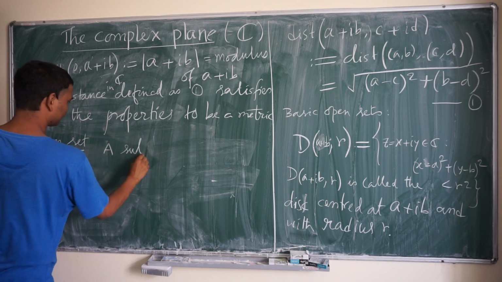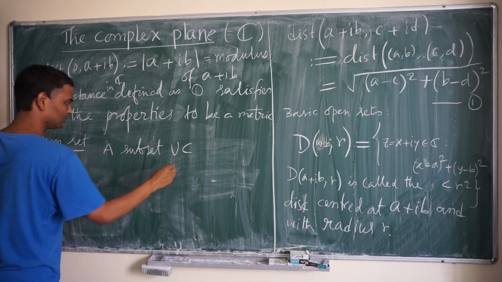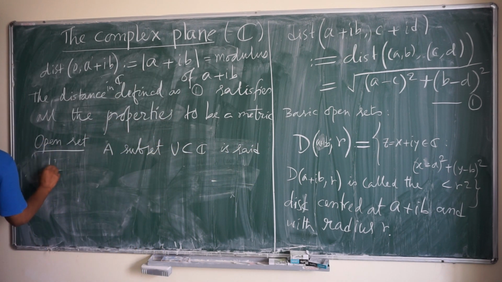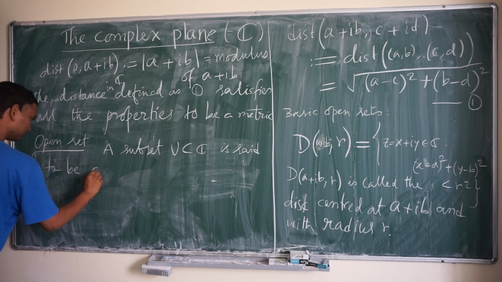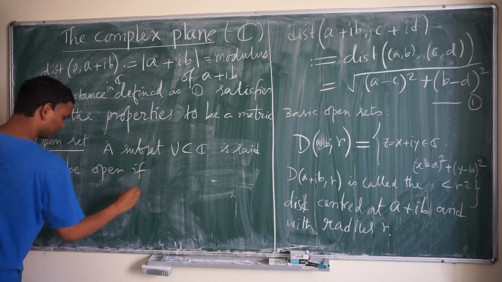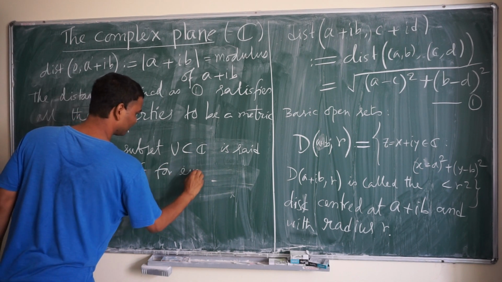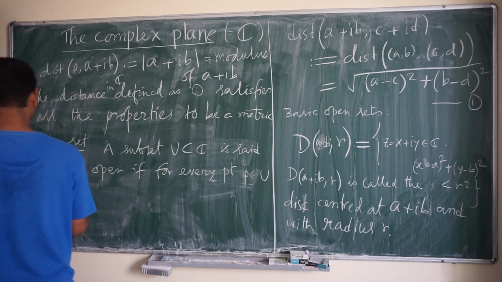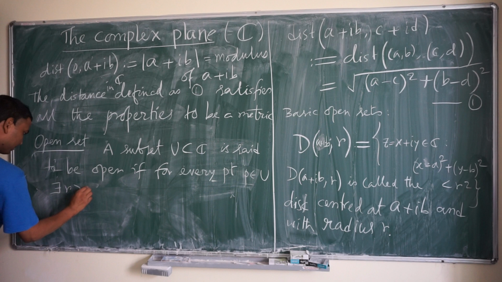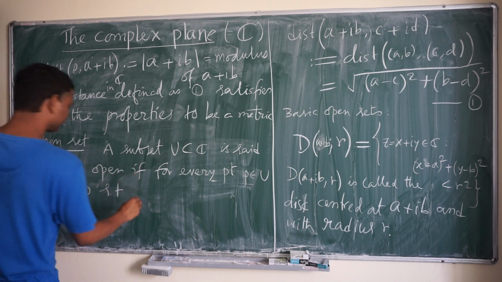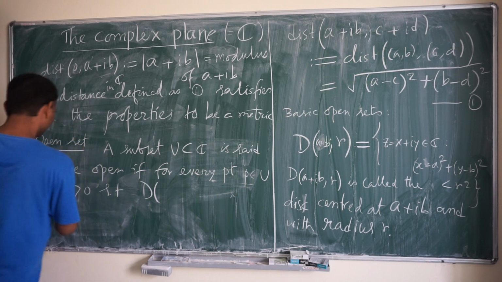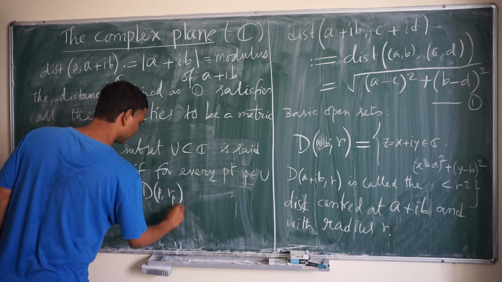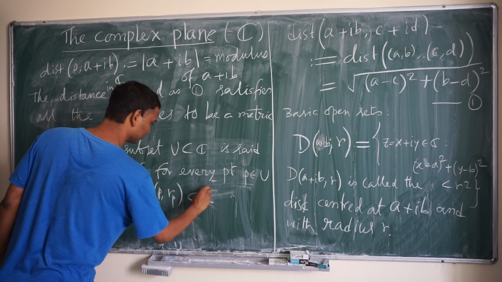A subset U of C is said to be open if for every point P in U there exists a small r greater than 0, depending on P, say Rp, such that D(P, Rp) lies in U.